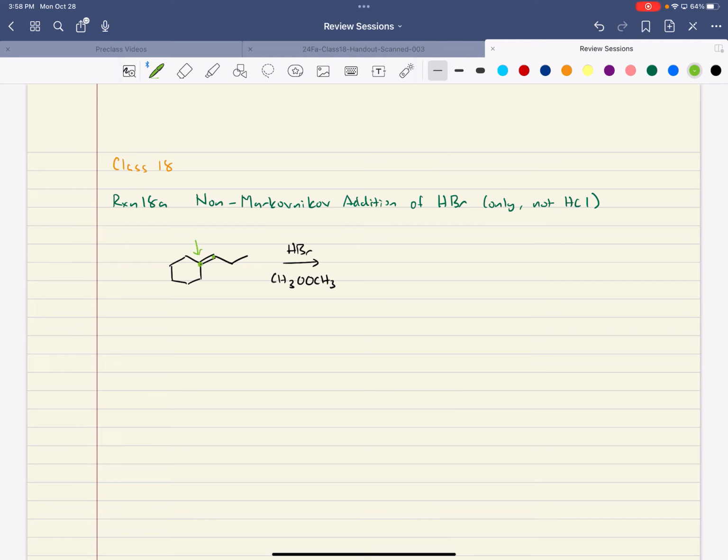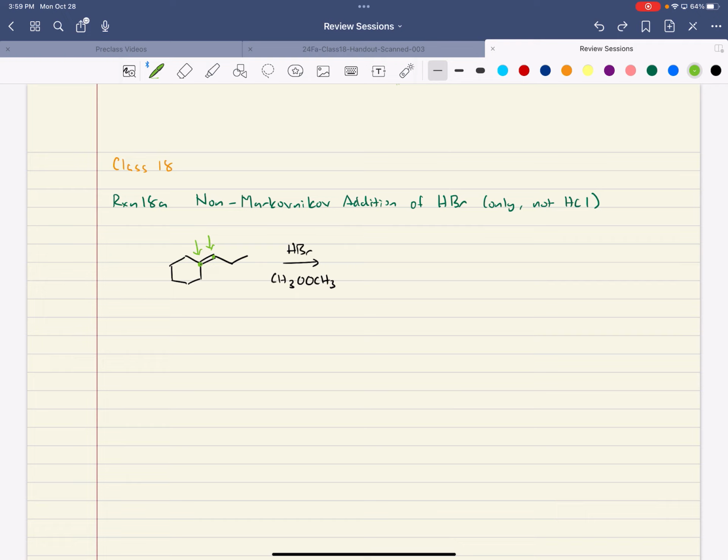Okay, we've seen this before. But now, instead of bromine going on the more substituted, we're going to put bromine on the less substituted. Is there any example that's a little bit harder than this? Not really. So we'll just have one example.